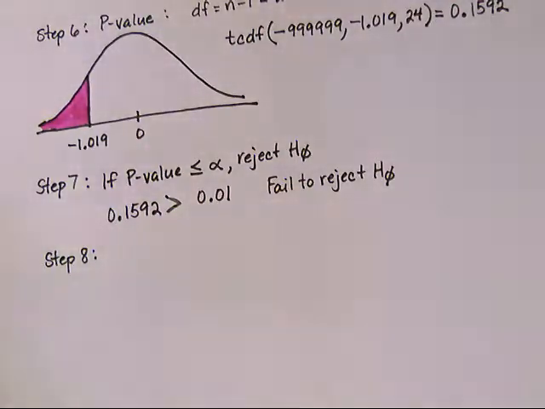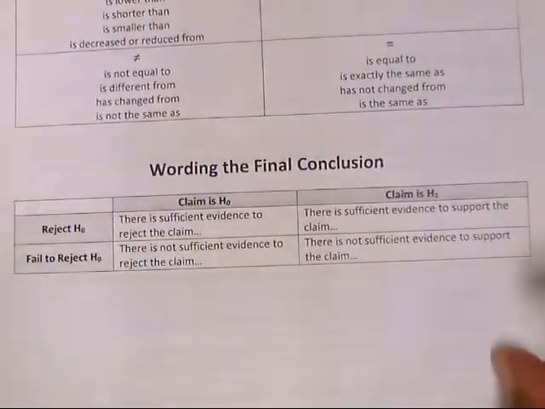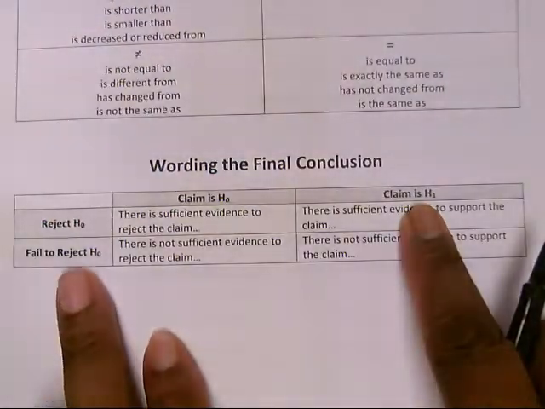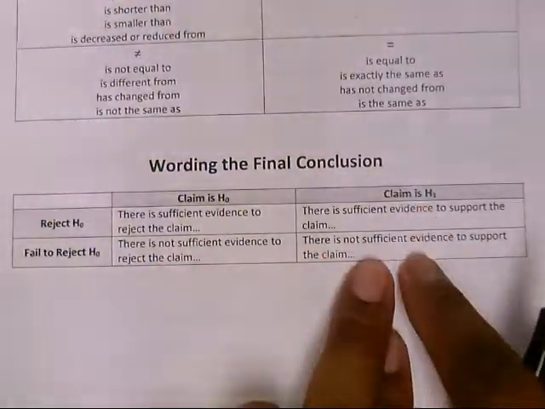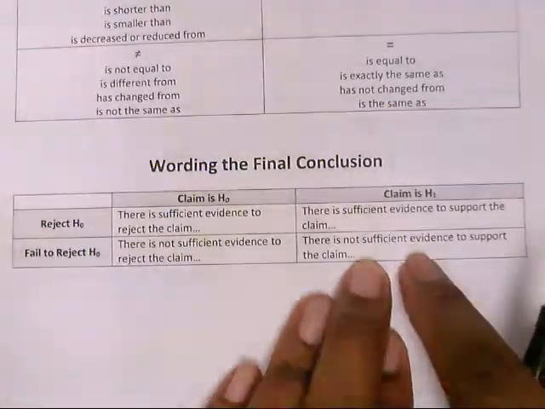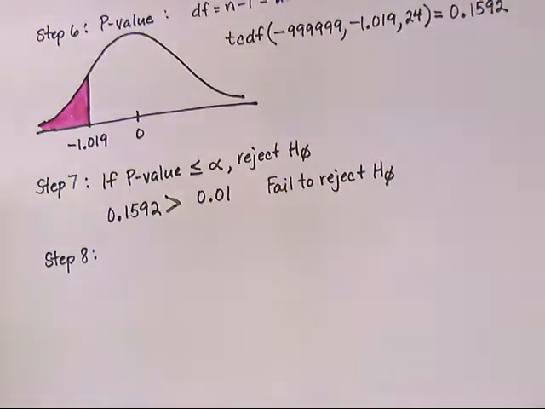And of course, the wording of your final conclusion will be on your help sheet as well. So in this case here, the claim was the alternative hypothesis. We failed to reject that null hypothesis. So that means that there is not sufficient evidence to support the claim. And then we write out what our claim is.